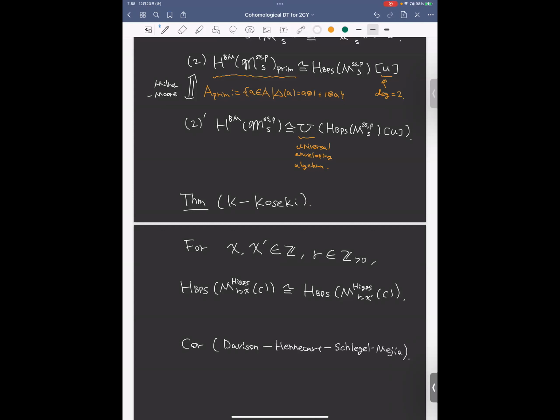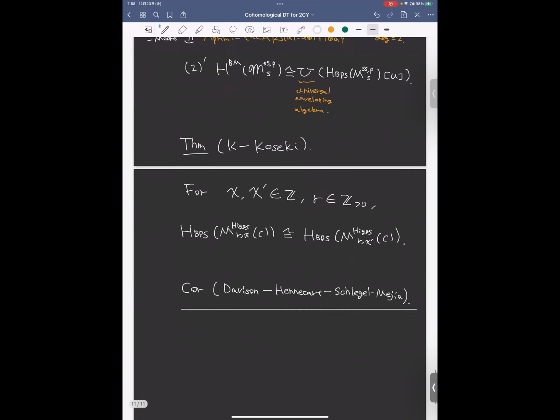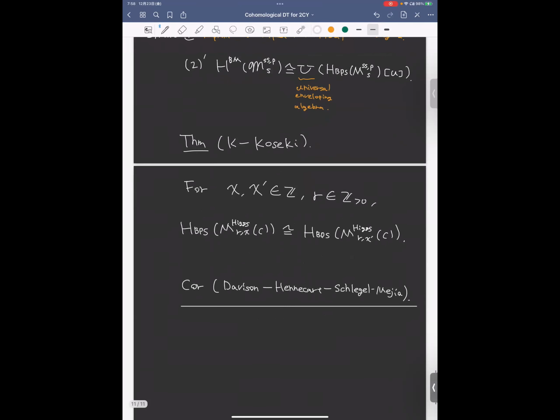In their work, they give a structural result on the BPS cohomology group, and using their work and the above chi independence result, we can show that if GCD of R and chi is equal to GCD of R and chi prime, we have an isomorphism of the intersection cohomology groups.